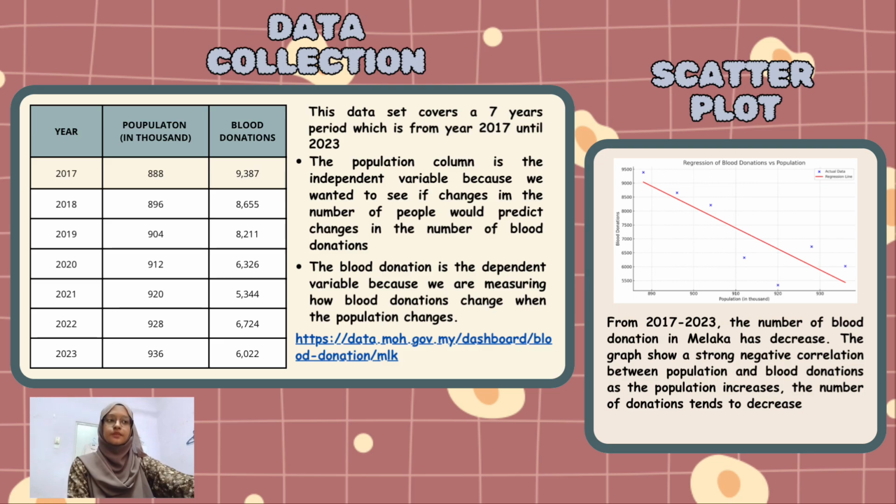The blue crosses represent actual data points, and the red line is the regression line. As shown, there is a strong negative correlation, meaning that as the population increases, blood donations tend to decrease. This trend raises important questions about public health engagement and awareness, which we'll explore further in the next slides. That's all for me. Thank you.